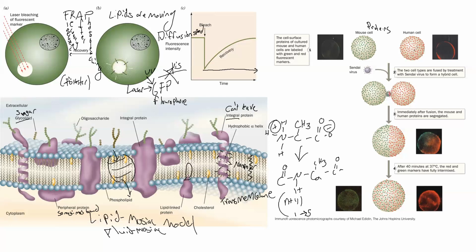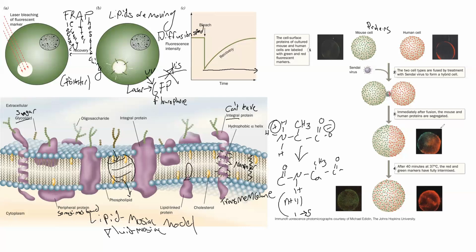And for the human cell, all the proteins are colored red, right? So that's the start of the experiment. Two separate cells, one's a mouse, one's a human. You just color each protein on the surface of the cell. Then you mix the cells together, and with the help of a virus, you can make these cells fuse.